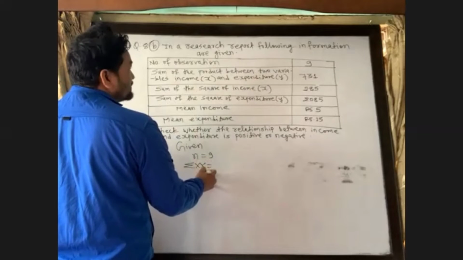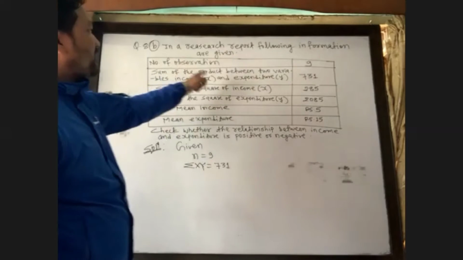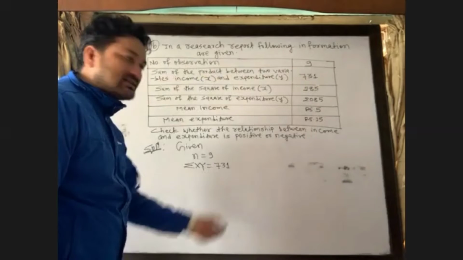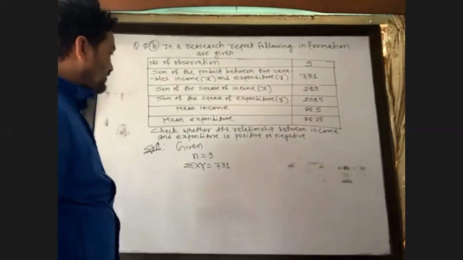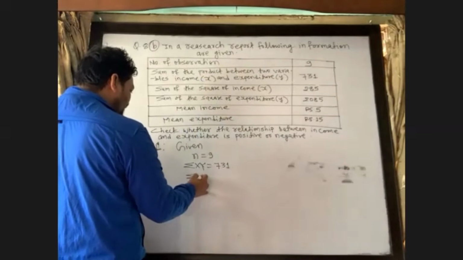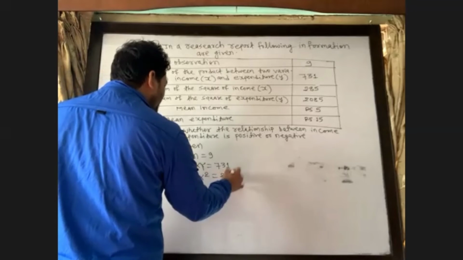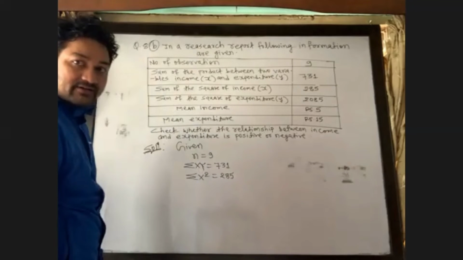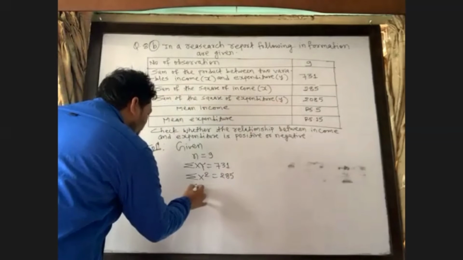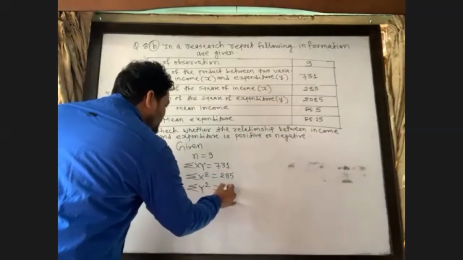Summation xy is equals to 731. Sum of the square of income x भनेको summation x square हो. Summation x square, that is 285. Sum of the square of expenditure भनेको फेरि summation y square. Summation y square भनेको 2085.